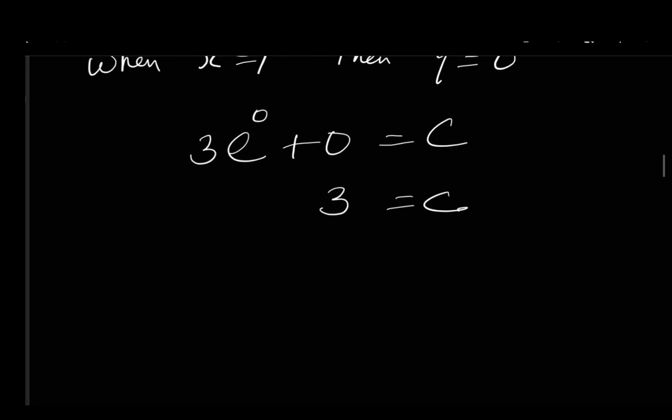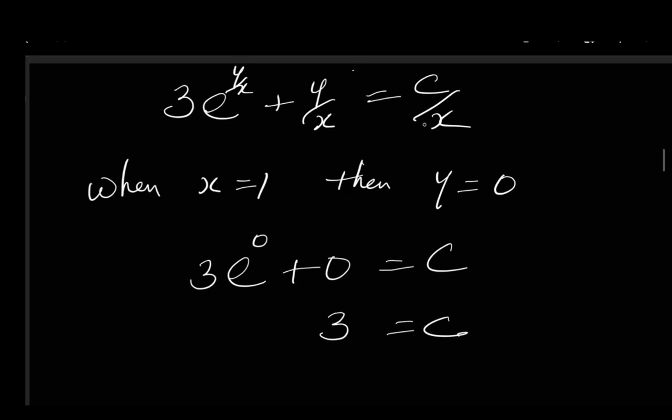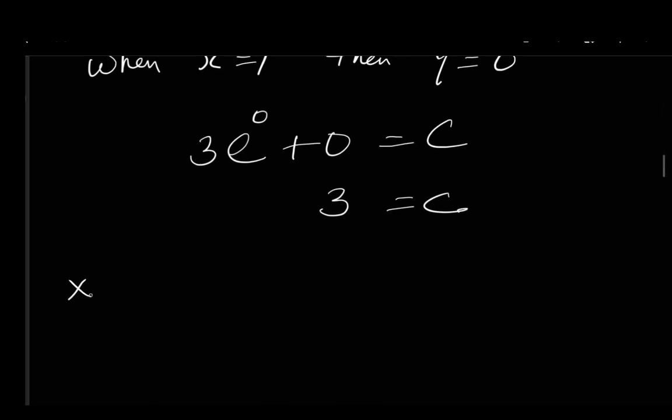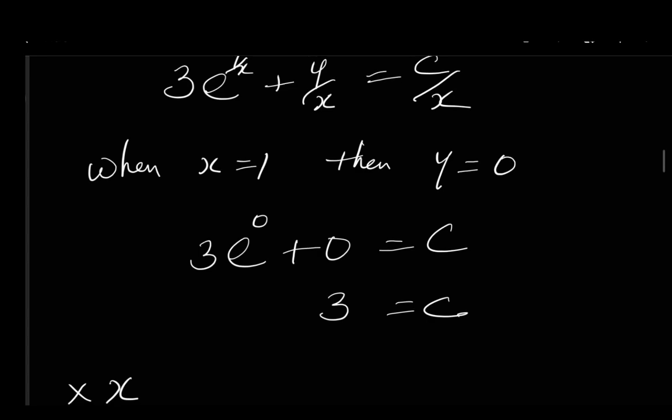So now see here, you can take this x to this side. Both the terms have x common denominator. So multiply each term by x. So you will get 3x e power y by x, plus y, into x means just y you will get.